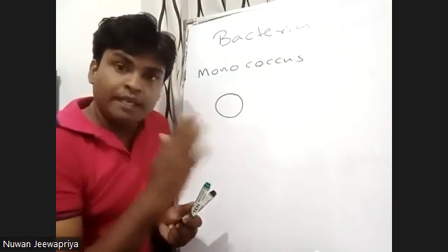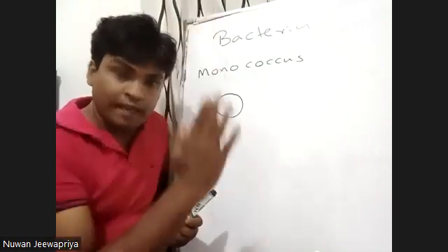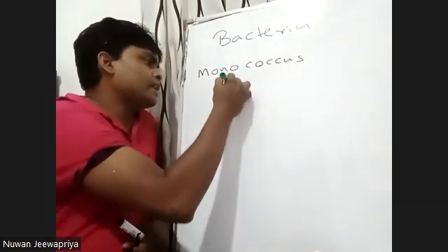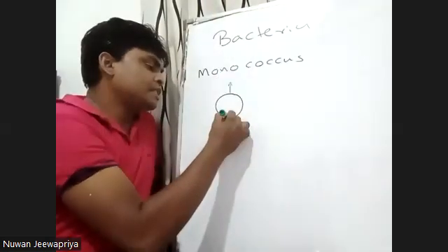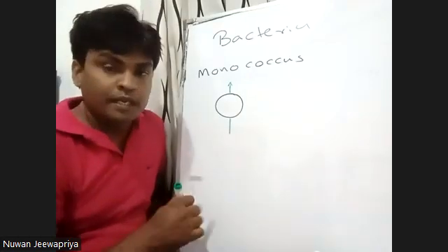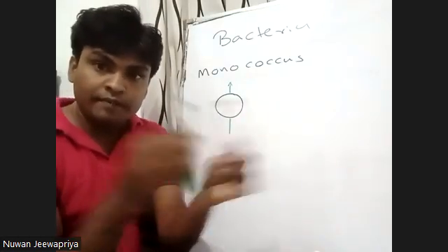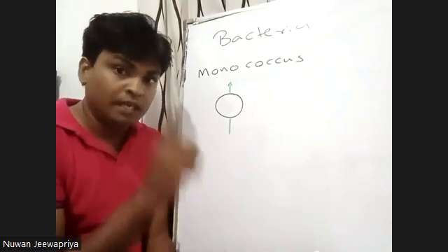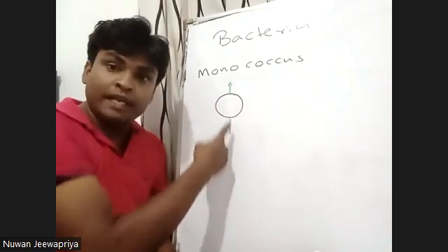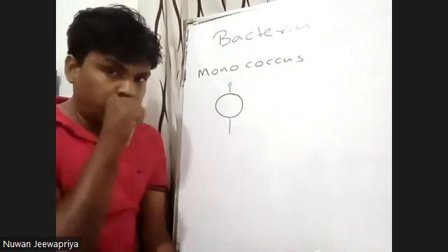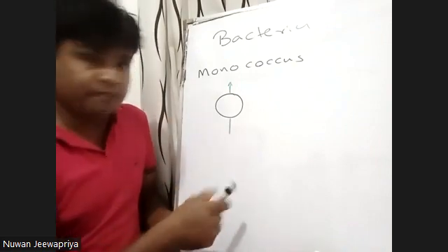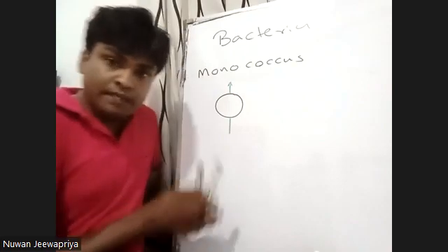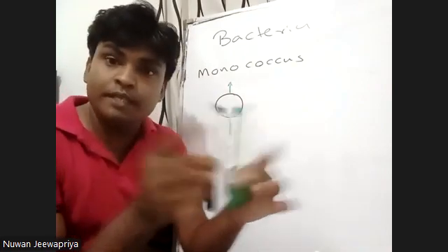The bacteria cell divides in one plane. Let me draw that plane in this way. Just imagine this is the plane, right? The bacteria division occurs, and the cell is divided according to the plane that I show here. So after the cell division, the daughter cells are separated.